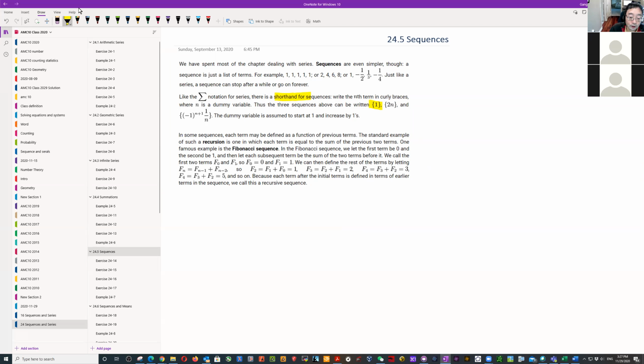It's just the curly brace followed by the formula which represents this sequence. For example, the first one is represented by 1, the second by 2, and the third one by negative 1 to the n plus 1 power multiplied by 1 over n.